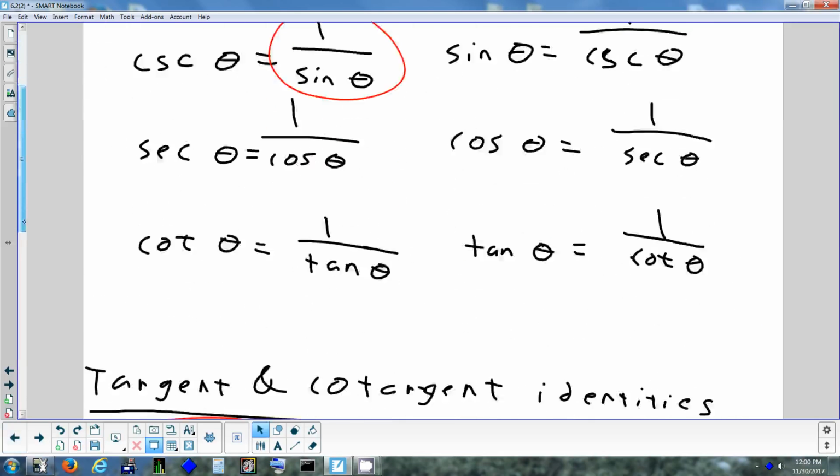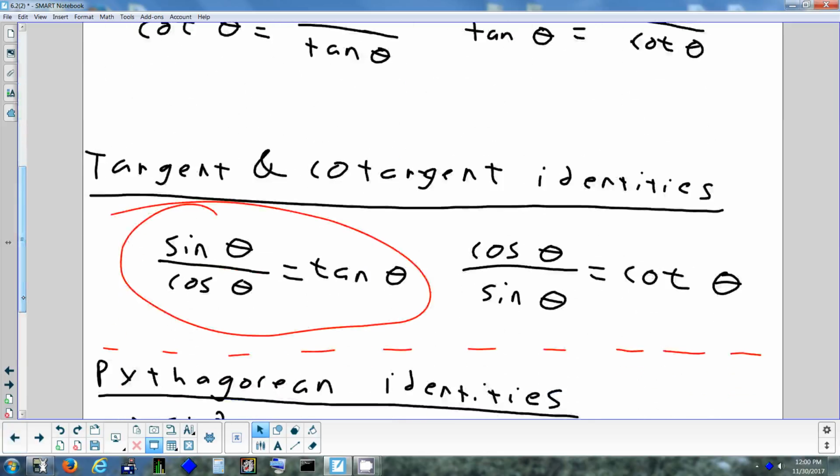Do you see a way to rewrite tangent just using sines and cosines? Tangent is sine divided by cosine.